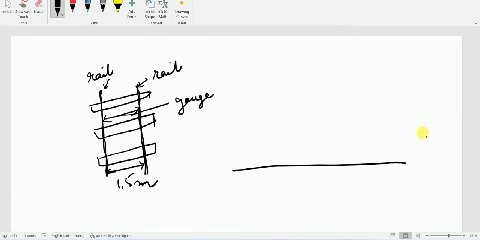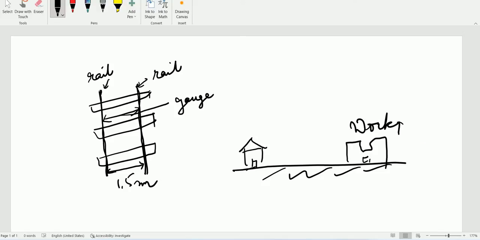Say this is your house, and your workplace is here. Every day except holidays, you will be going from your home to the workplace and coming back. That means you are a commuter.